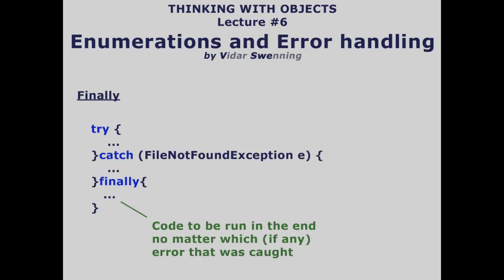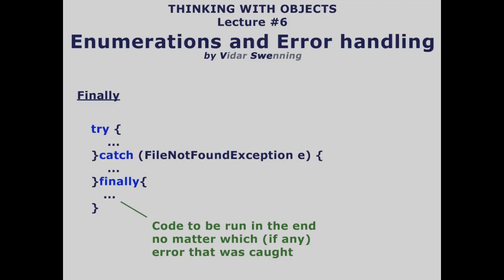And then we finally have the try catch finally. So after we have run the code in the try block, or if we run all the code in the catch block because we got an error in the try, we will run the code in the finally block there. And that's the case even if we try to break out from the catch or the try.